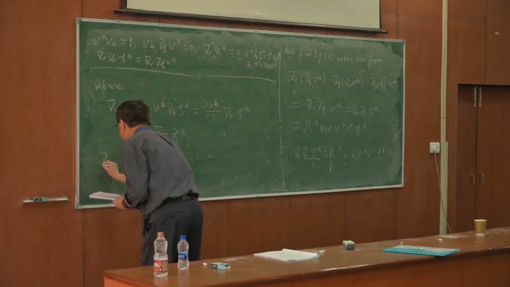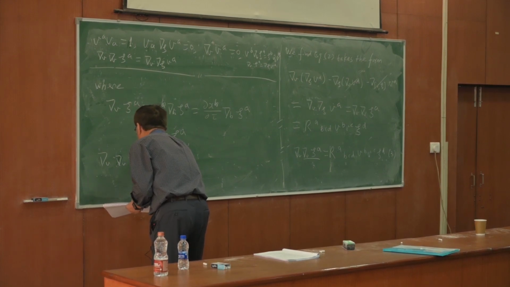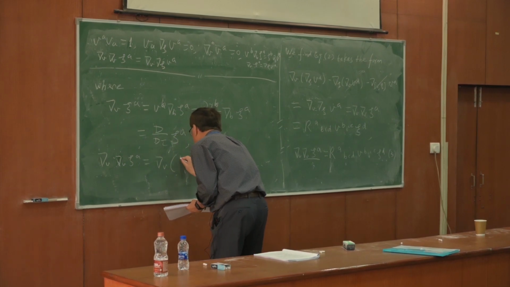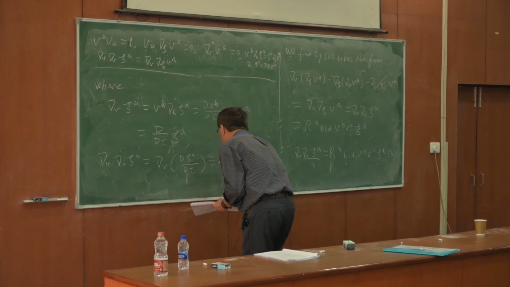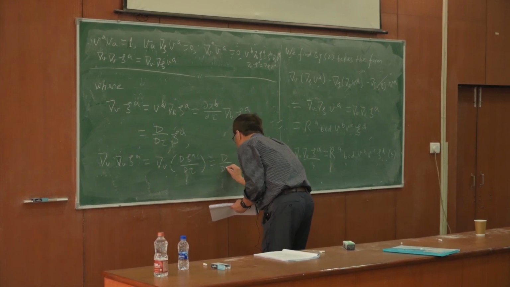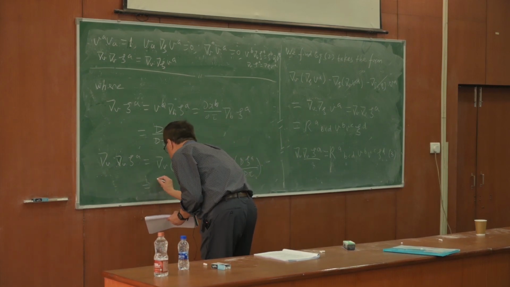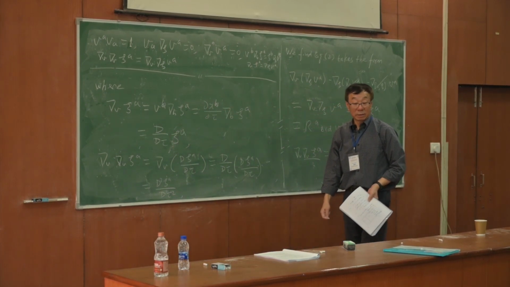Then you can see the same way, delta psi equals d psi d tau. Perfect, right? I get this one.